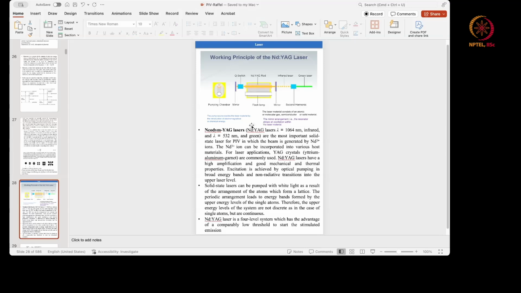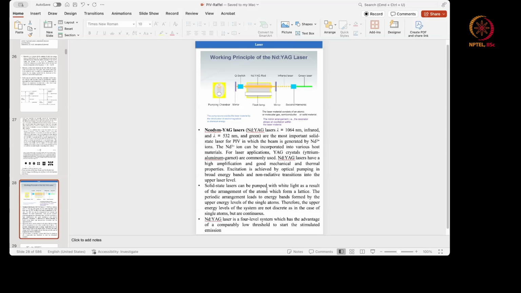So how do you do that? The excitation is achieved by optical pumping in the broad energy bands and non-radiative transitions into the upper energy level. It's a 4-level laser system. Solid state lasers can be pumped with white light because of the arrangement of the atoms in the lattice. This is a long story and we need not consider all aspects of it, but one can say that the upper energy levels of this system are not very discrete, but more continuous.